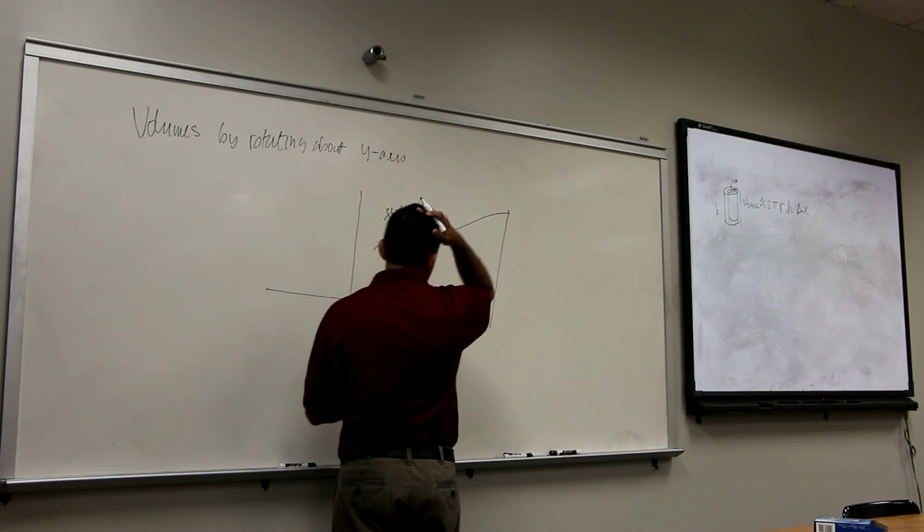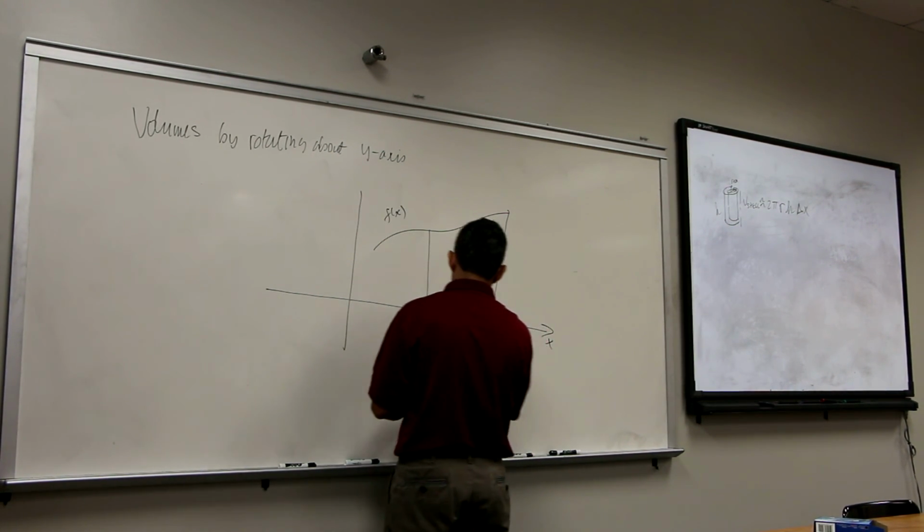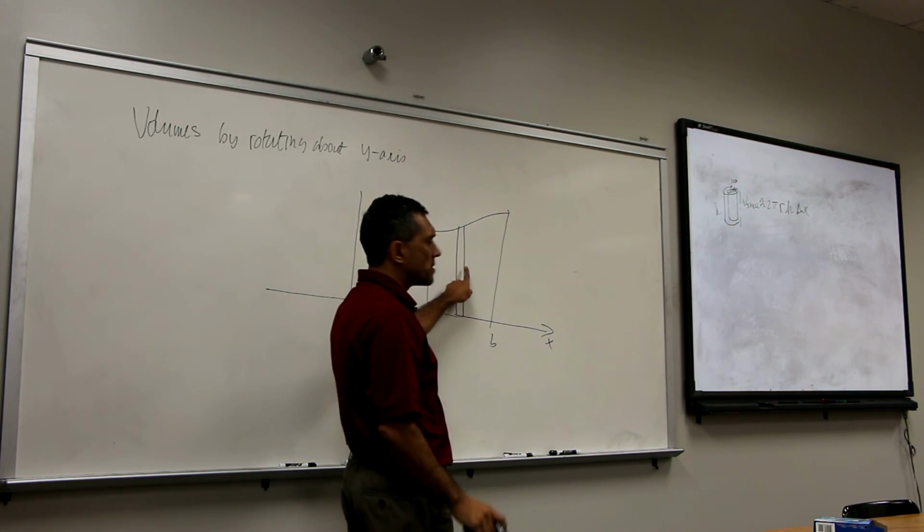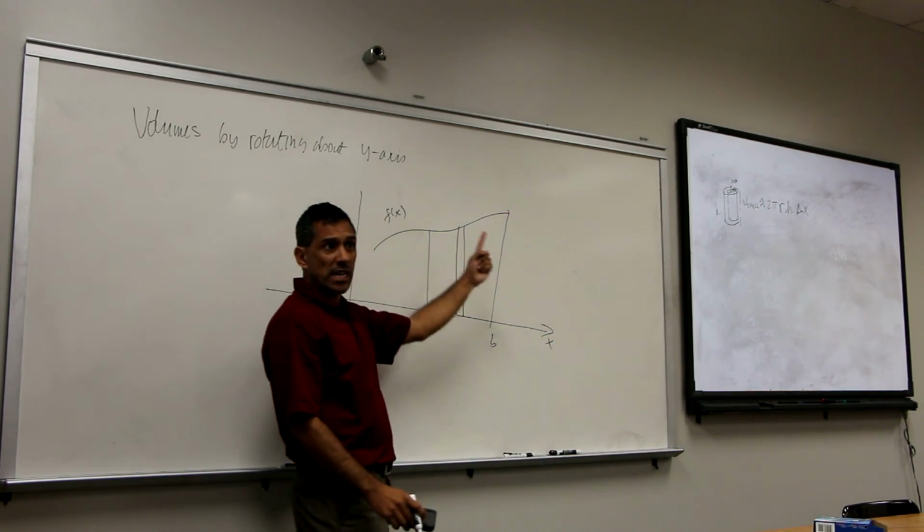Function f of x. What we're going to do is we're going to look at this element and create a shell out of it by rotating that element.